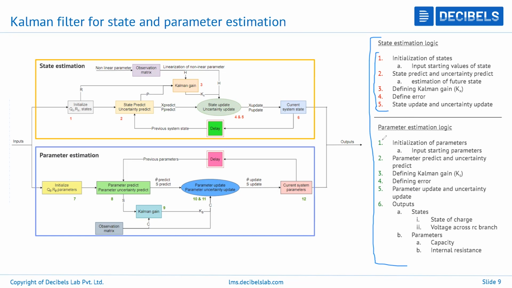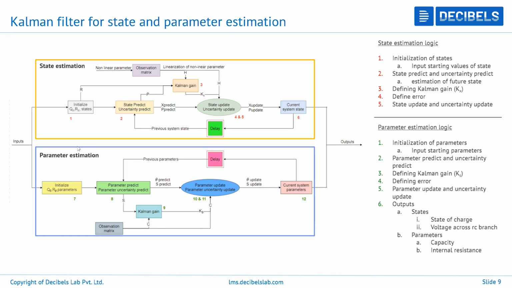In the second part, we go for parameter estimation, in a similar process to how we do state. So, initializing the parameters, putting in some input guesses or input values. Once we have input guesses, we go for prediction, then the Kalman gain. This is the parameter Kalman gain, then the parameter update, and then outputs, similar to how we have the state estimation.